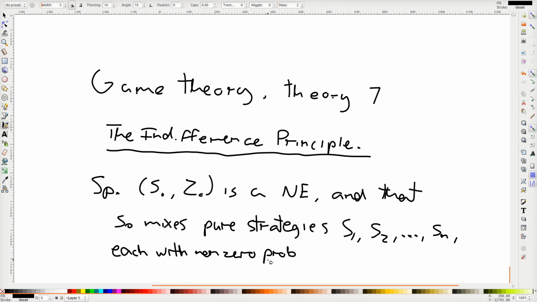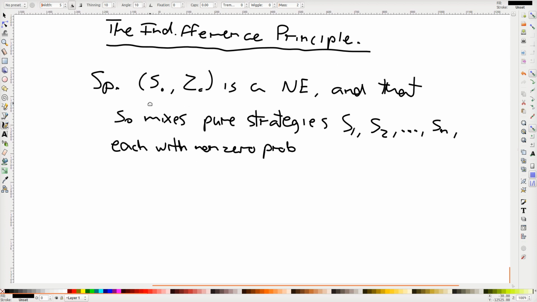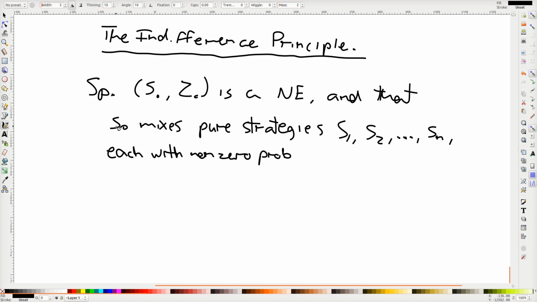So for example, Marge's rock, paper, scissors strategy of 2/3 paper, 1/3 scissors, the pure strategies it mixes between are always throw paper and always throw scissors. It doesn't mix between always throw rock though. So suppose that S naught, this strategy that appears in the Nash equilibrium, mixes between pure strategies.